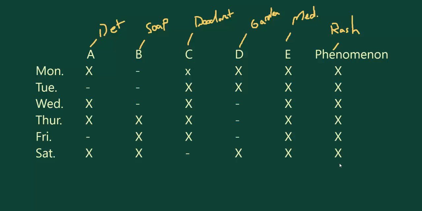It's going to be the method of agreement because we have several cases, several instances: 1, 2, 3, 4, 5, 6. And not only that, but our phenomenon occurs in each case.